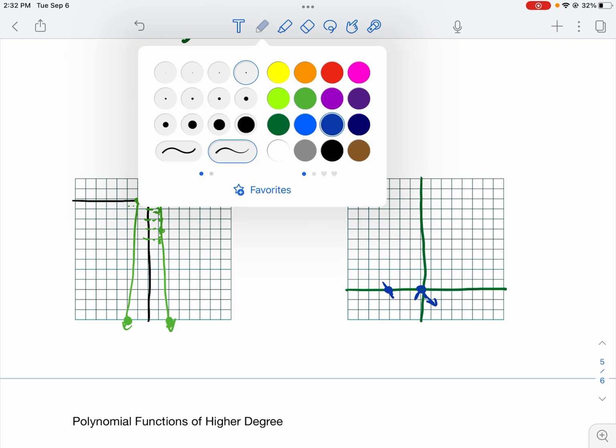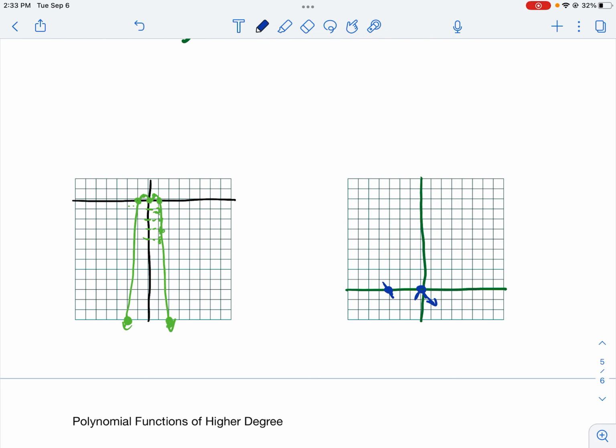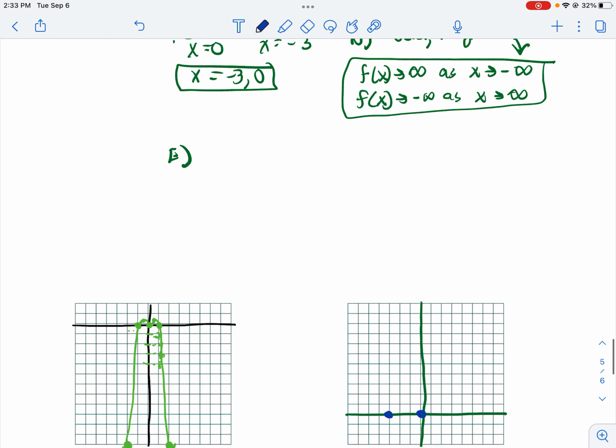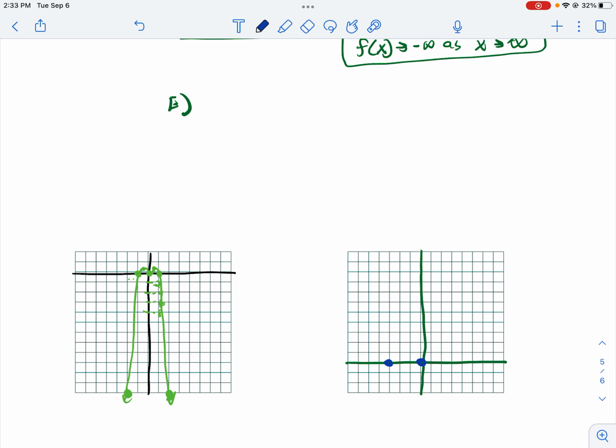So now I just need to fill in more data into this graph. Let me erase those little marks so I can fill in more data by finding other points. I need something less than negative 3, so I'm going to choose f of negative 4. Plug that into my equation, and you get 32.